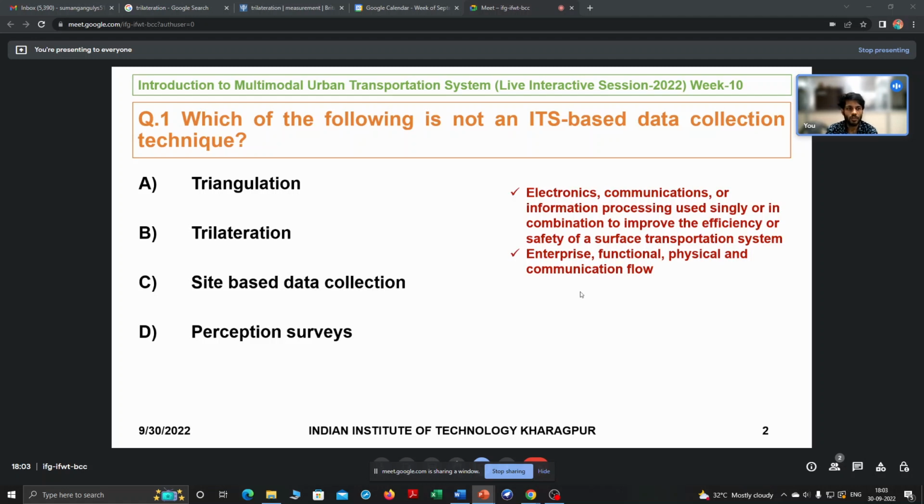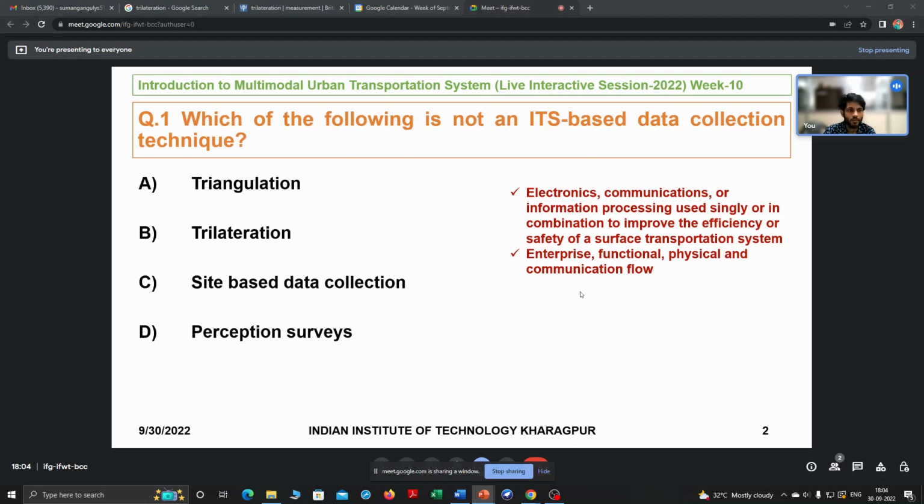So basically, the definition of the ITS is the application of electronics, communications, and information processing technology, used either in an isolated manner or in combination, to improve the efficiency or safety of a surface transportation system.